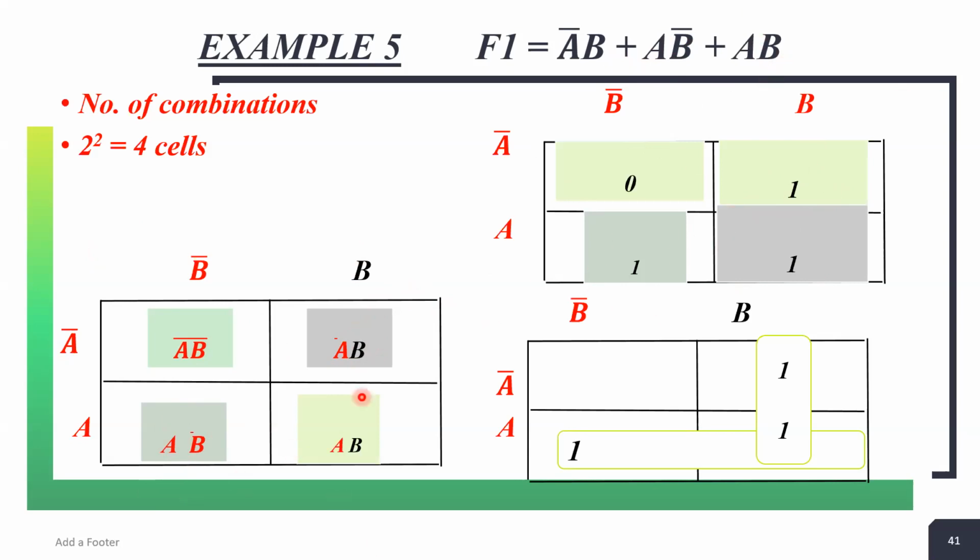And A B, this one, add the 1 at cell 4. And in the rest of the places, put 0. So we make the group, and the overlap is there. Clear? Yes, girls.